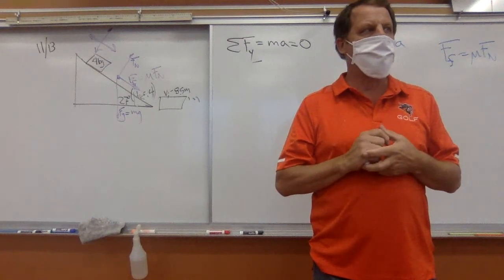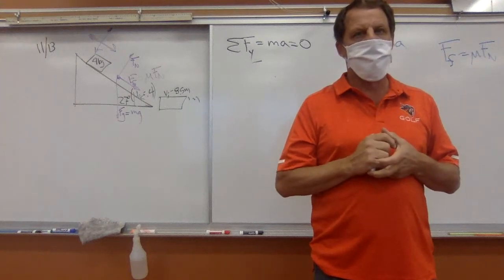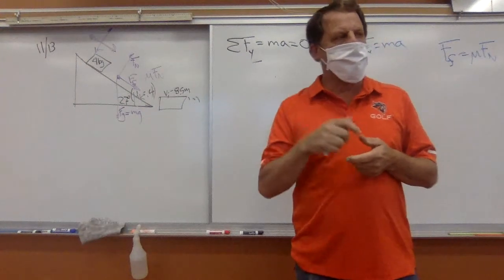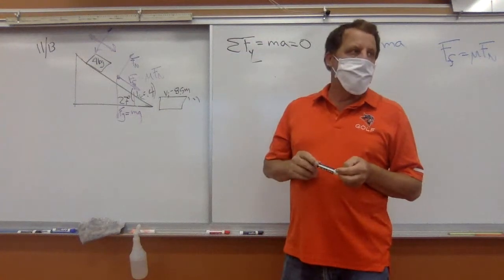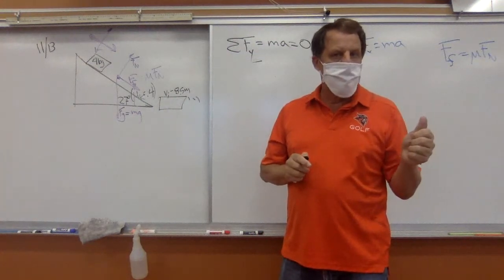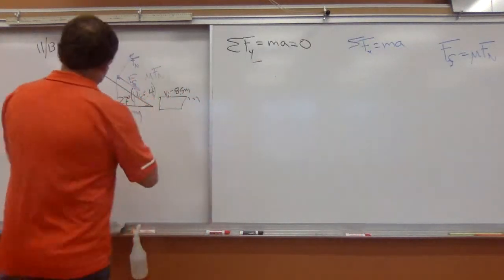Once we have identified all the forces, everything that touches it plus gravity plus friction, which we have done, now we're going to resolve any vector that is not in our convenient xy coordinate system. Just like the previous two examples, that's going to be gravity, and that is going to be mg cosine 27 and mg sine 27.